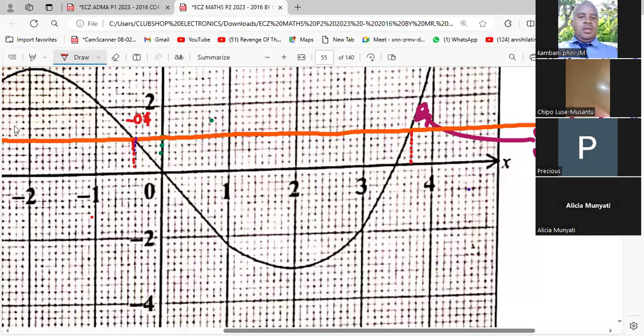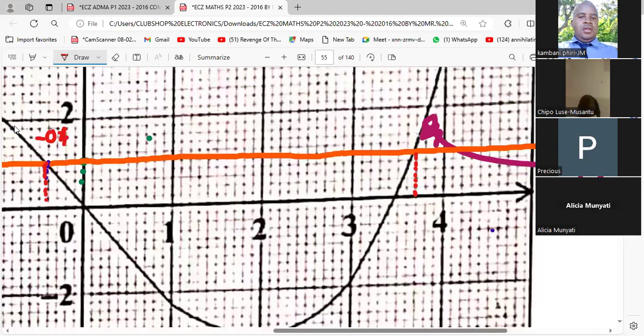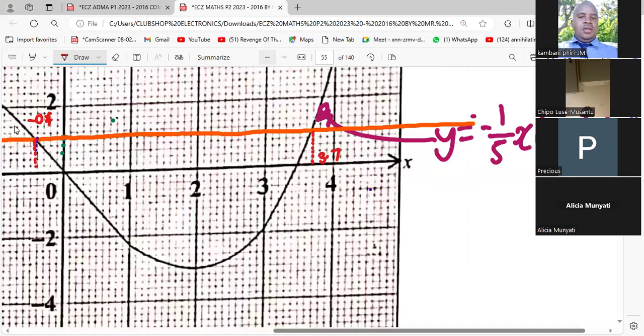Okay, so what is the reading here at this point? I think it will be 3.8. No, 3.7. Yeah, 3.7. Is that okay?